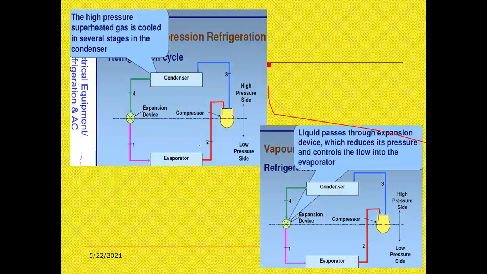So from the compressor, it goes up into the condenser. Here the high pressure superheated gas is cooled in the condenser at several stages in the condenser.